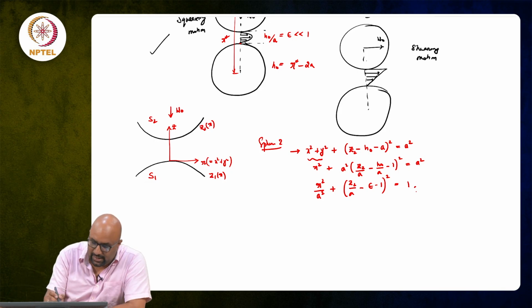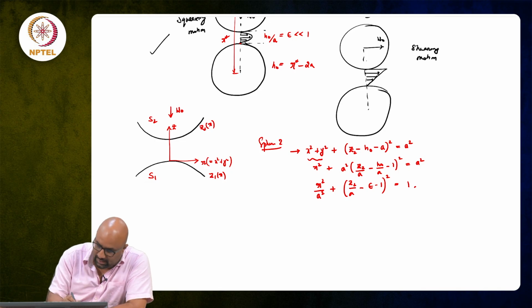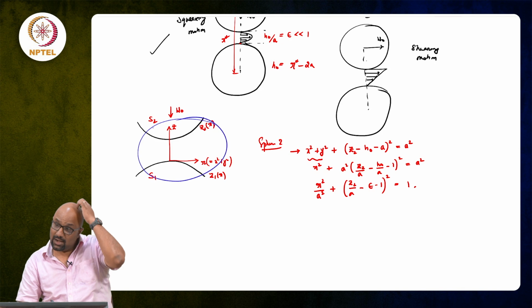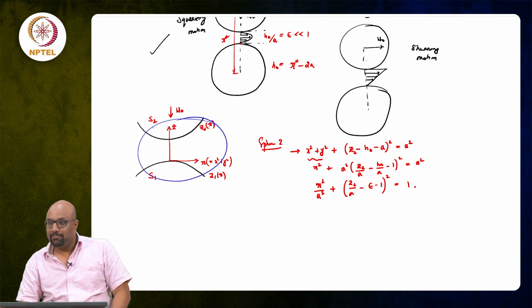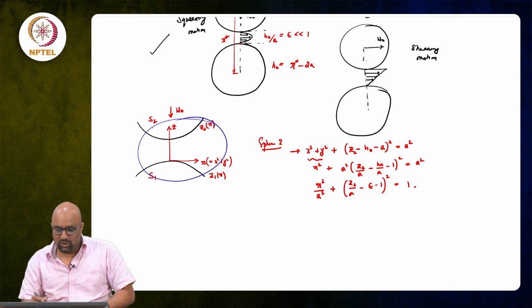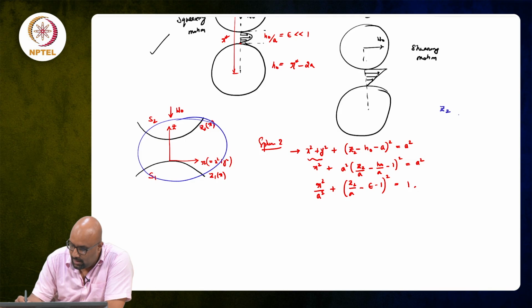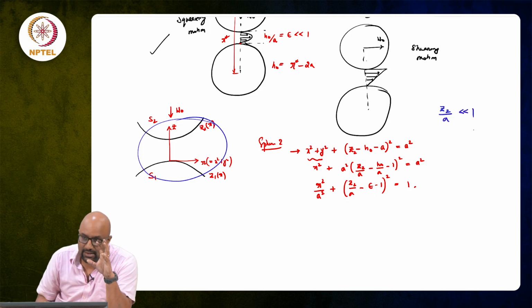Now, we are interested in a region that is close to that minimum gap, which means even the value of Z2, the local Z coordinate of that surface that we have, Z2 by A is also going to be small. We are interested in the region.